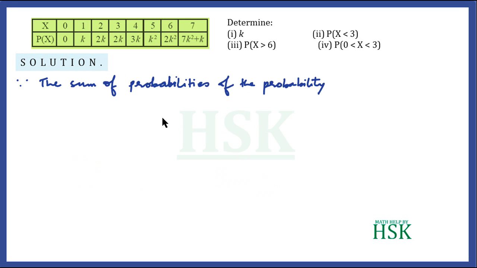The first thing we are required to know here is that the sum of the probabilities of the probability distribution of any random variable is equal to 1.